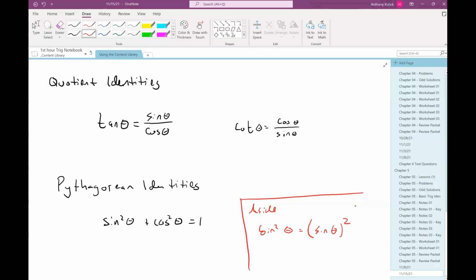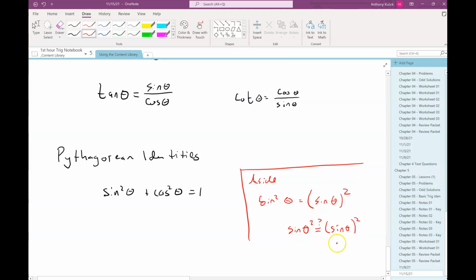The reason we write it the other way, with the squared in between the sine and the theta, is that one, we don't have to write this extra set of parentheses. Because if we didn't write those parentheses, does this mean that we're doing the sine of theta and then squaring?